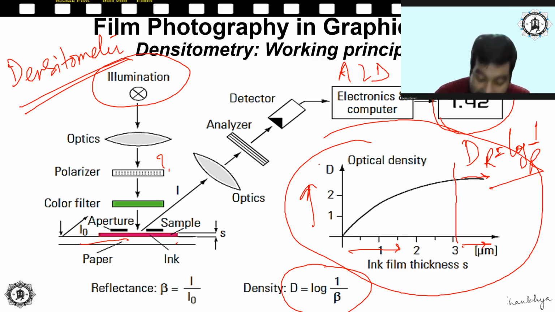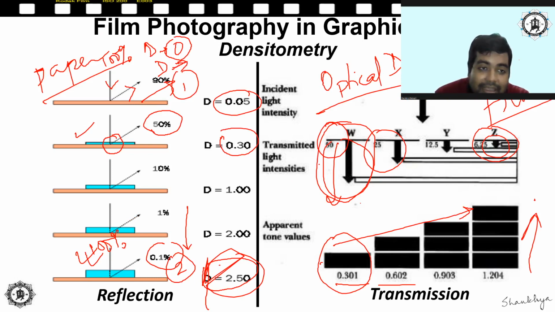The reason it is happening, if you consider this ink film thickness and increase it beyond this: already at this thickness, the amount of light that is getting absorbed is very high, right? Only a very small portion of light is getting reflected.